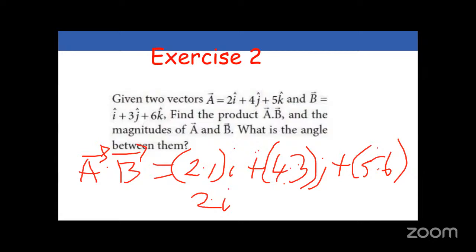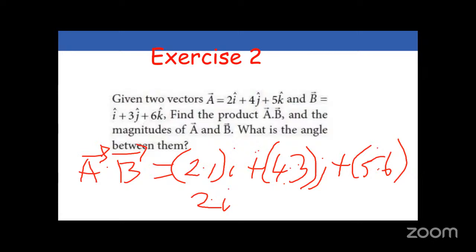Now 1 is from B. Vector B is equal to i plus 3j plus 6k. The i has a 1 attached to it. That's where I got the 1. So I don't need to write vector B is equal to 1i plus 3j plus 6k.